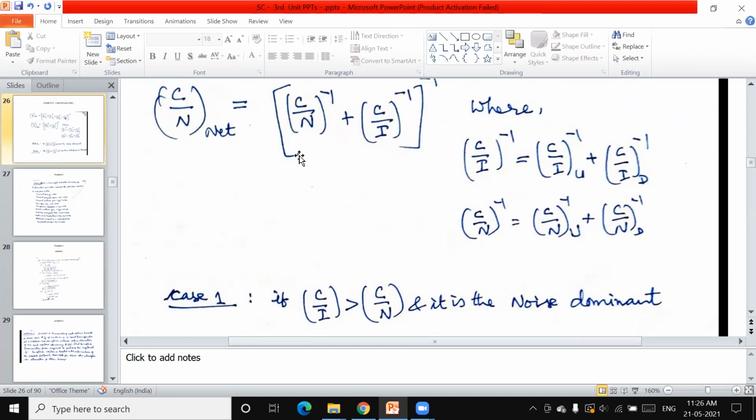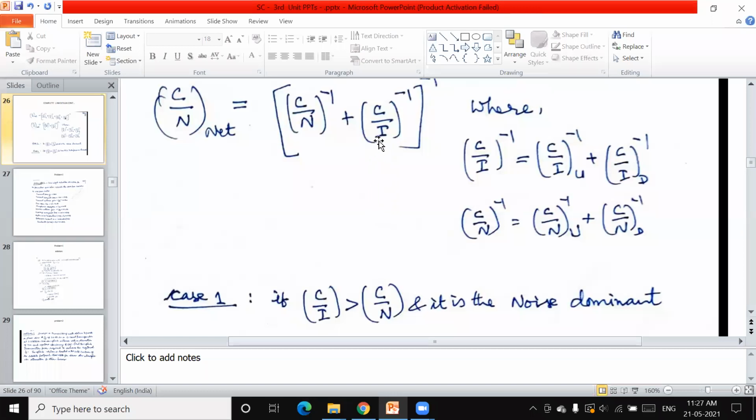Two conclusions you are going to give. One is if this C by I, the carrier to interfering signal power ratio, is greater than the carrier to noise power ratio. Interfering signal power is represented by I. If C by I is greater, which means that I is less.